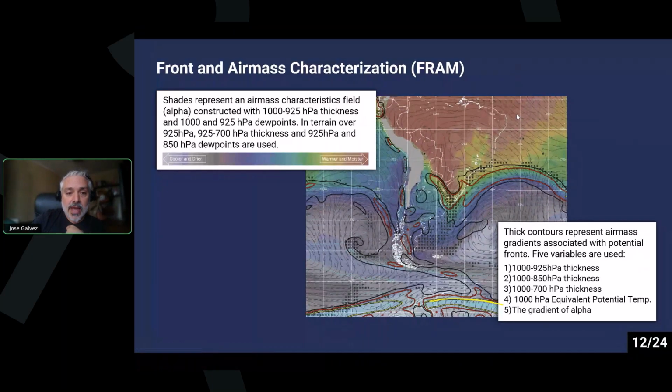Then you have these contours. You have the black contour, then a red contour, and sometimes you will get a third, yellow contour. These speak about where your air mass gradients are. And you can see here on the right the different quantities that the algorithm uses to calculate these contours.